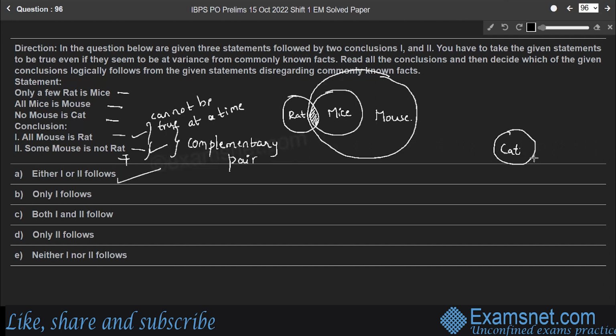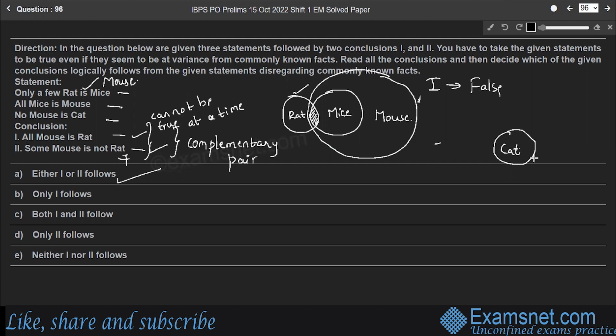Option A. For your better understanding, I am considering each conclusion separately. All mouse is a rat. It's a false conclusion, because only a few rat is mice. That means only a few rat is mouse also, because mice is completely included in the set of mouse, right? Only a portion of rat is mouse, not all.